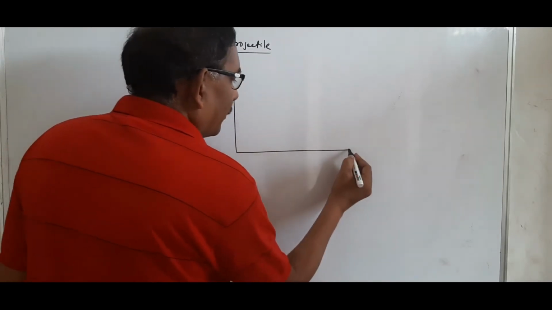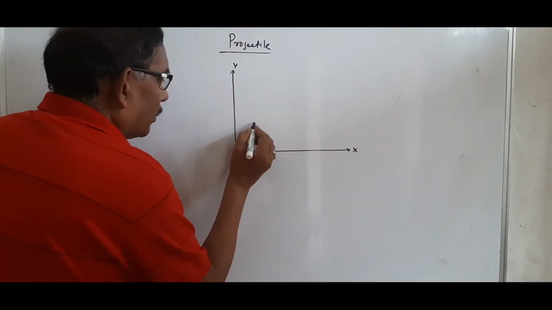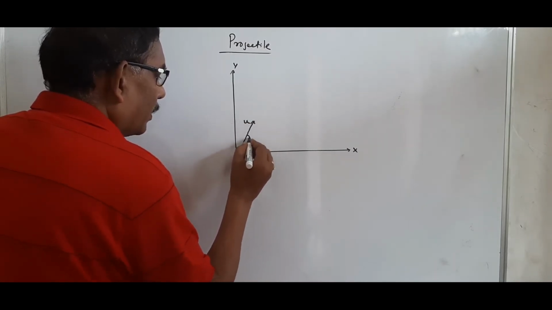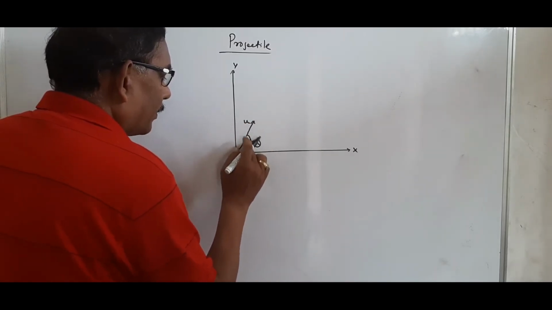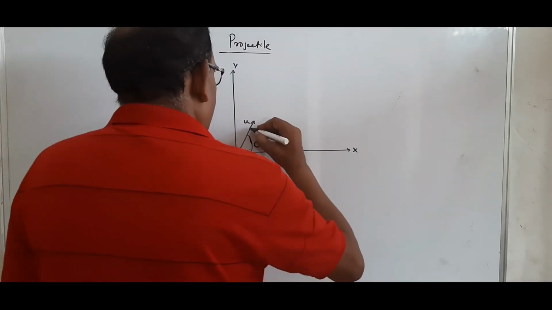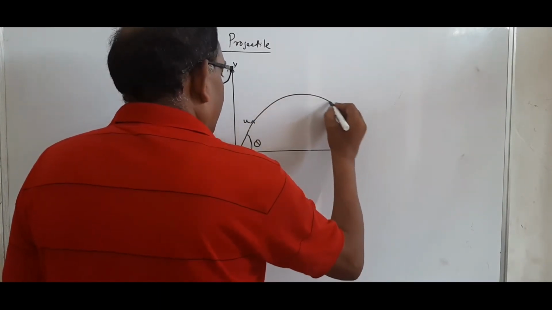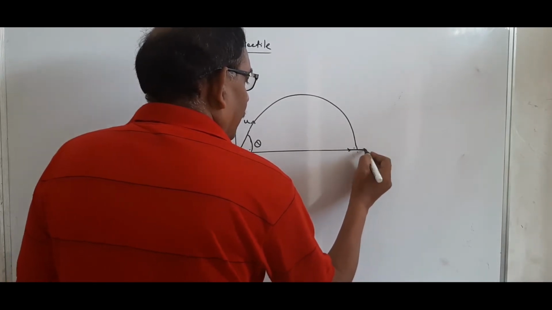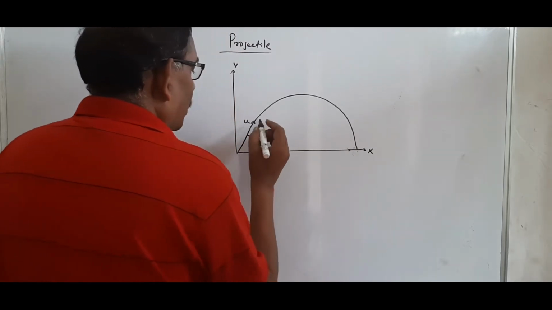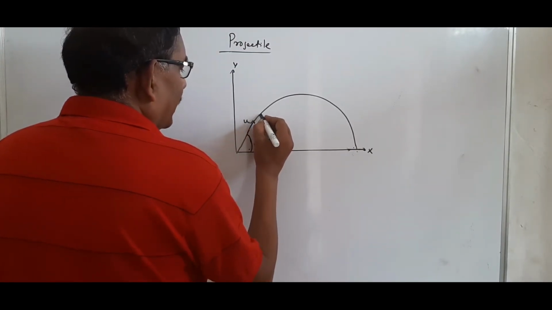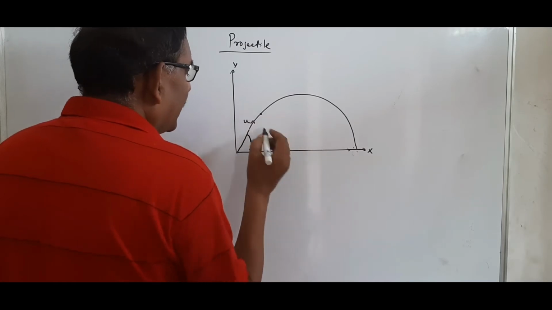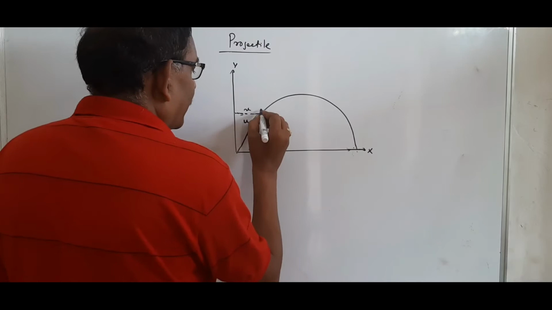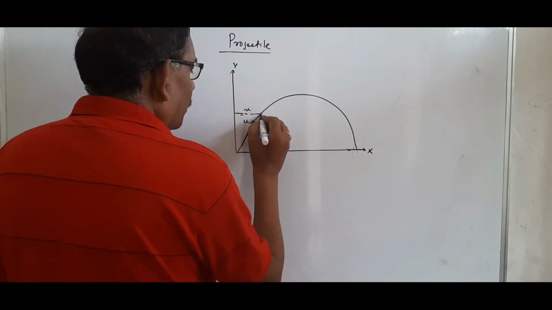It is the y-axis, it is the x-axis. The body is projected upwards with initial velocity u, at angle theta with the x-axis. Suppose that the particle is here at any instant of time t. The horizontal distance is x and the vertical distance is y.